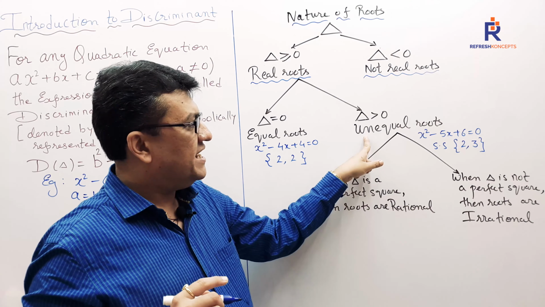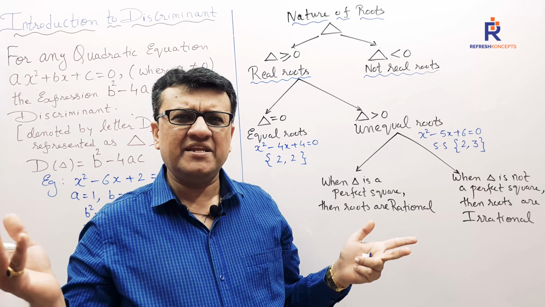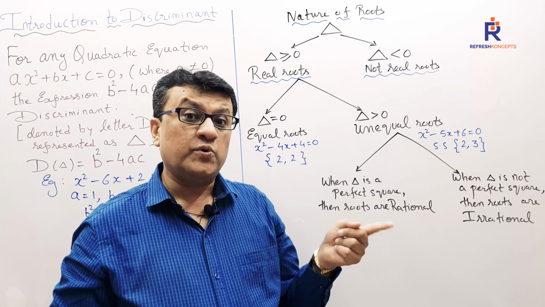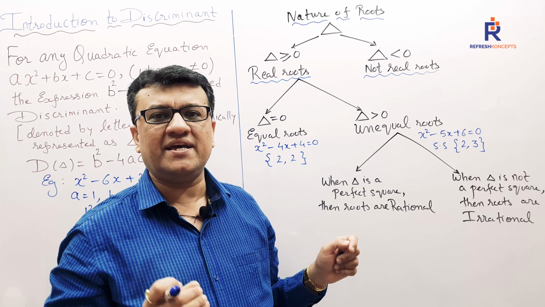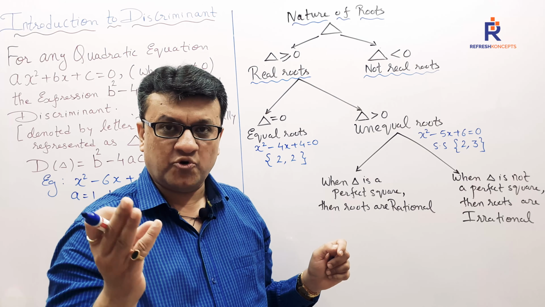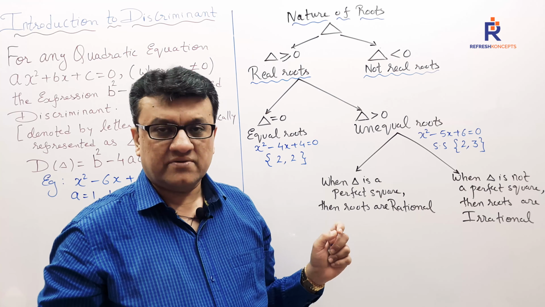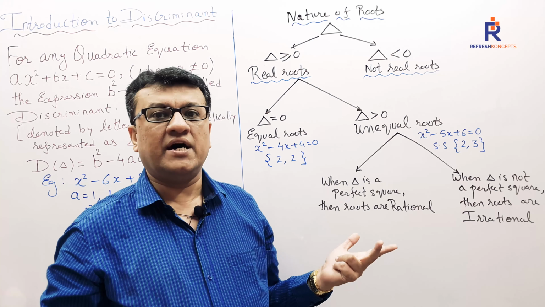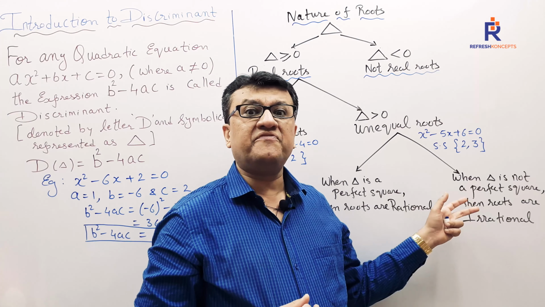Right, children? Now, when I say that delta is greater than 0, I will have a positive number. Within those numbers, there are certain numbers which are perfect squares of certain numbers. Say 4, 9, 121, 289, 25, 36, 81. And there are certain numbers which are not a perfect square of any number.